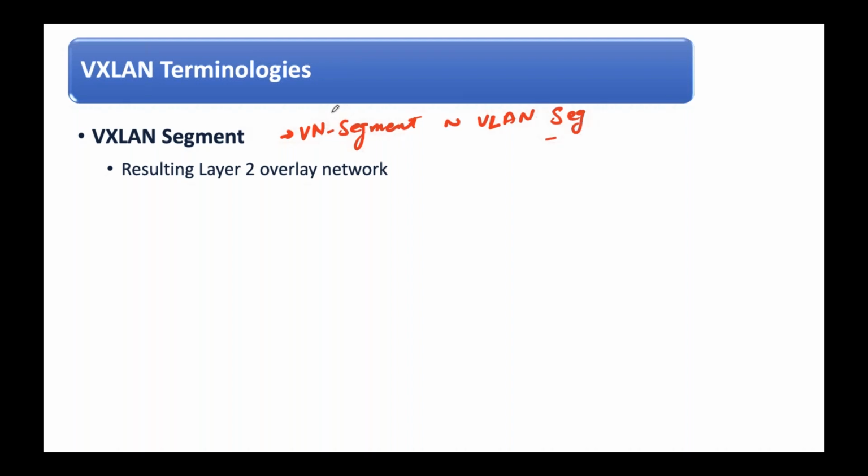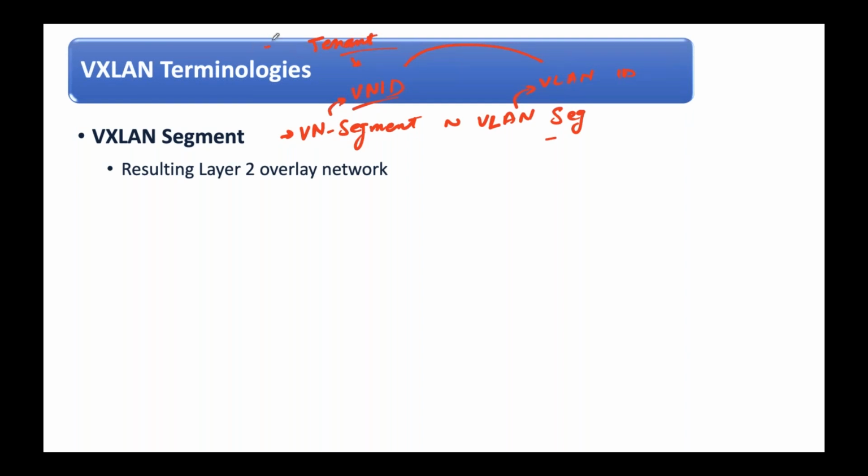Here, when we say VXLAN segment, we define our VN IDs, VXLAN network identifiers. In VLAN segment, we define our VLAN IDs. All right. Why is it important? Because we also do a mapping between them.